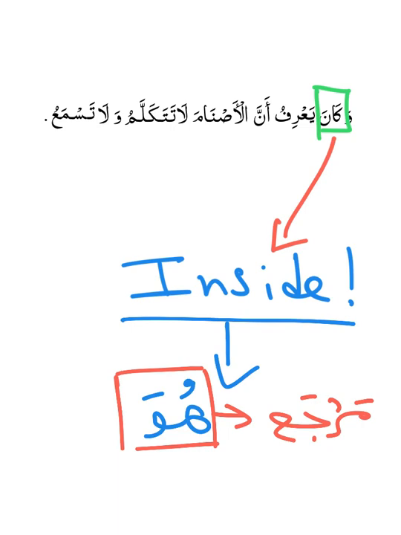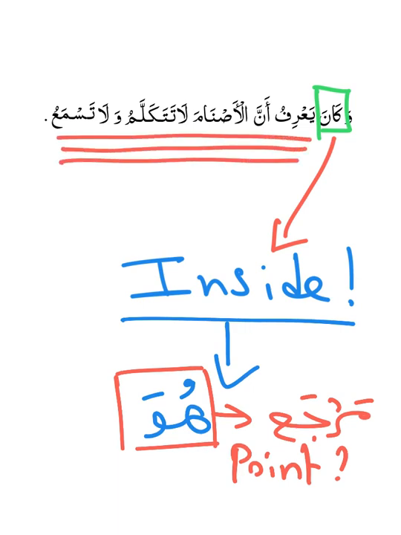Marja' means where does this pronoun point to? Who is it referring to? For this, you will have to look at the sentence, or maybe even 2 sentences before this particular sentence.